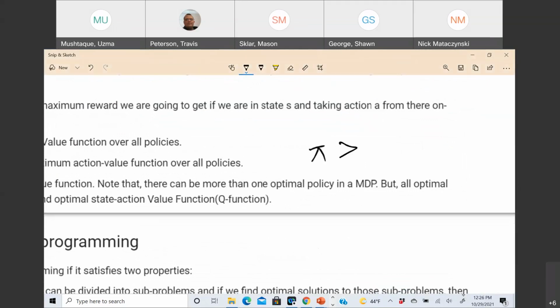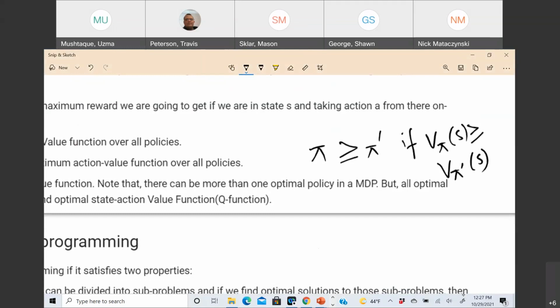That means it's greater than or equal to some other pi prime if my value function under that policy is greater than or equal to my value function for that pi prime, for all s, for all the states, right? So that's what my optimal policy is.